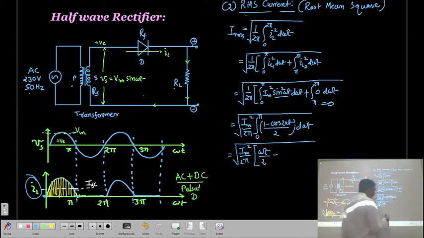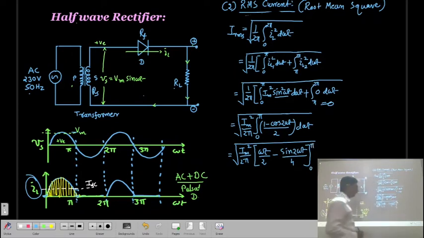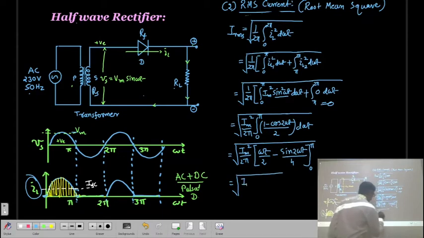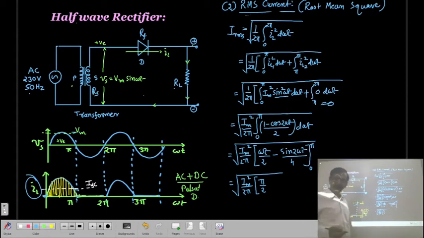The integration of cos 2 omega t will be sin 2 omega t divided by 4, and this is from 0 to pi. Now we put in the limits. Where omega t equals pi, the first term is pi by 2, then we have sin 2 pi, which is going to be 0.